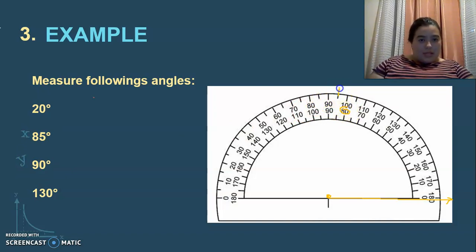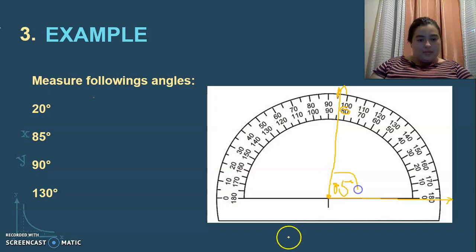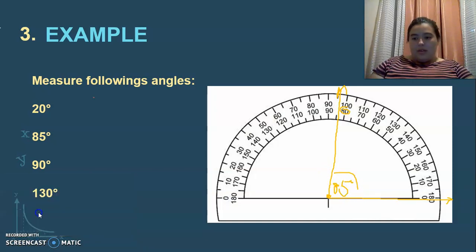So our second ray will be like this, and this is an angle with 85 degrees. Now we are going to make the third one.